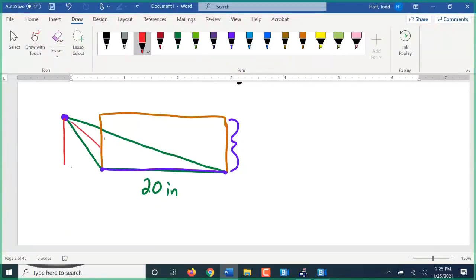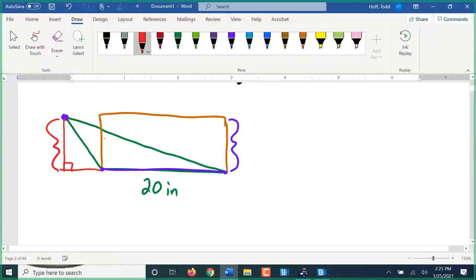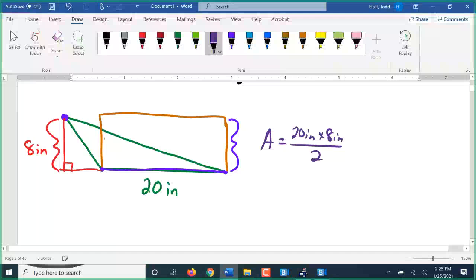I can't come over and hit the base at a right angle. I have to go straight down, which means we have to extend that base over to make it a right angle. So it is this length here that we need to know, and let's say that is 8 inches. The area of the green triangle is the area of the related rectangle, 20 inches by 8 inches, divided by 2.